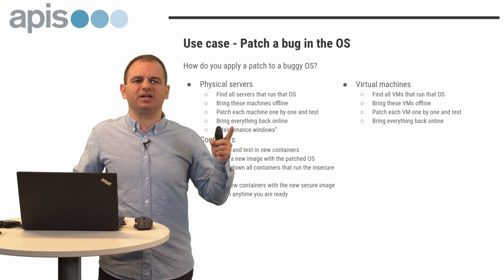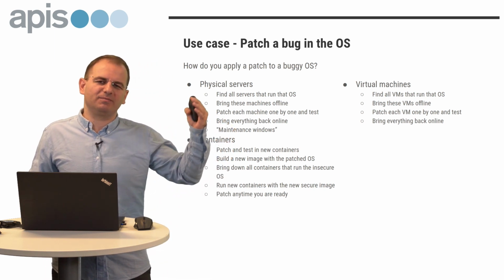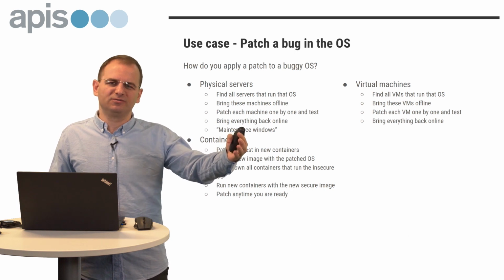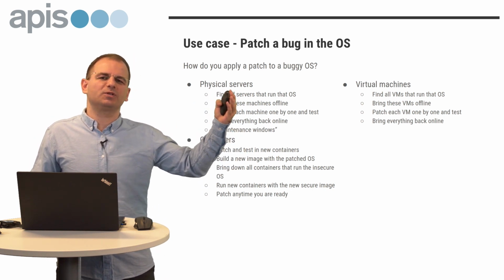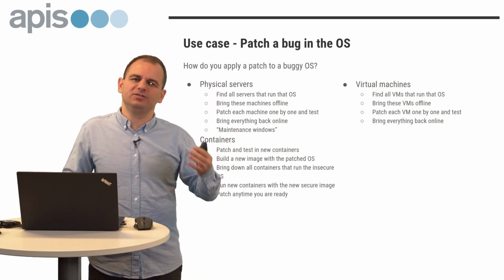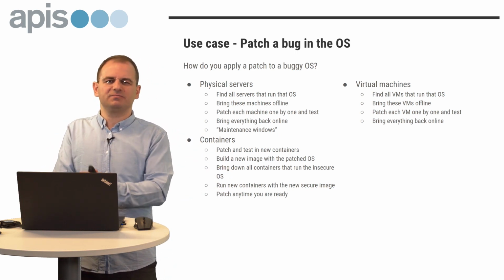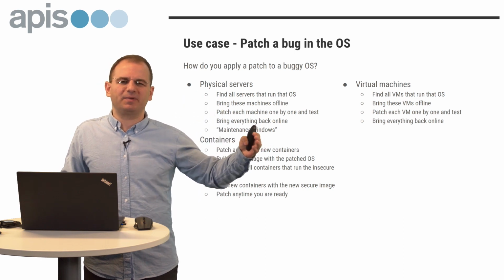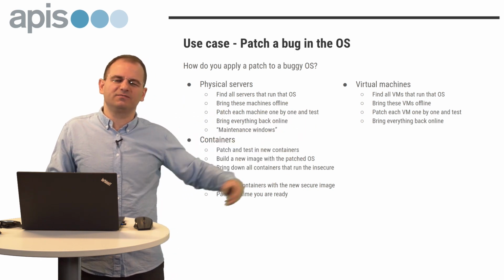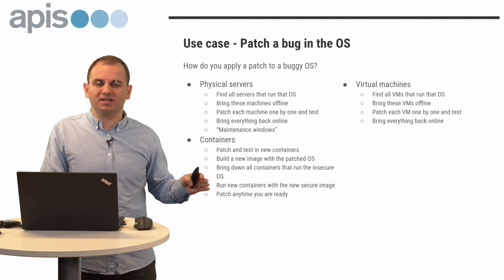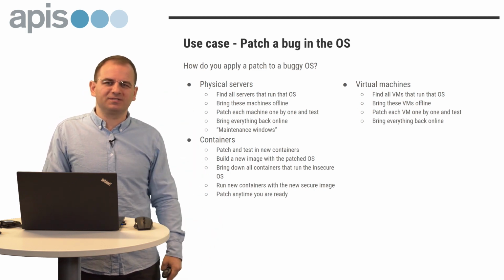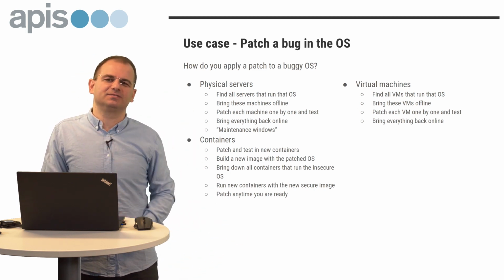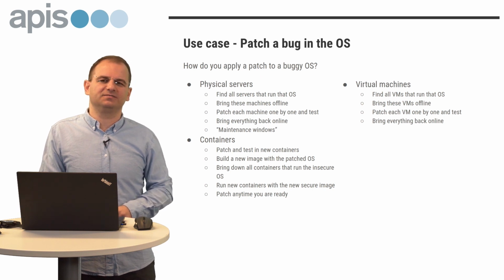And the same thing applies to, so far we only talked about how to deploy a new version of your application. So what happens if you find a bug not in your application but in the operating system itself? The same things, you need to find the servers, update the patch, and so on. Same thing with the virtual machines. Containers, again, bring down the old ones, run the new ones. Seconds. That's it.